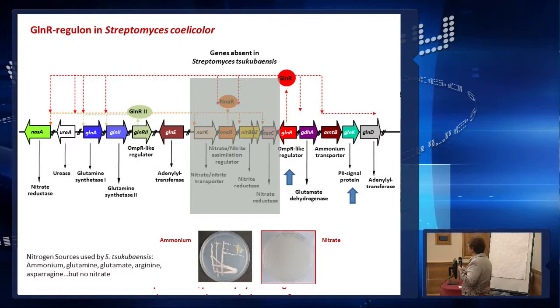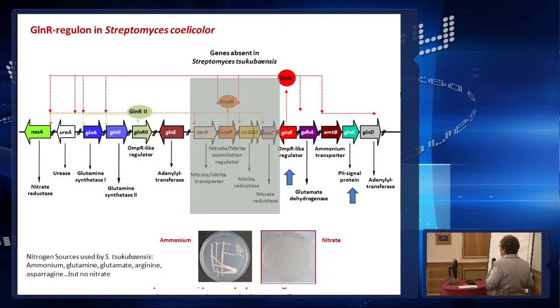These genes are for nitrate assimilation, nitrate transport, and nitrite reductase, and a gene for a regulator, NNIR. In fact, Streptomyces tsukubaensis grows very well on ammonium, glutamine, glutamate, arginine, but is not able to grow on nitrate.